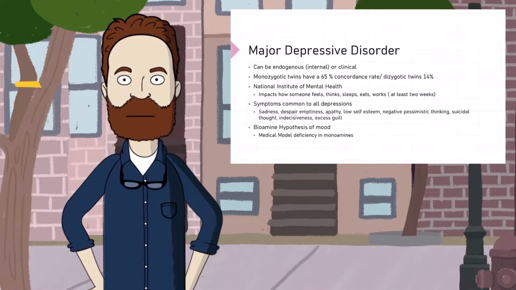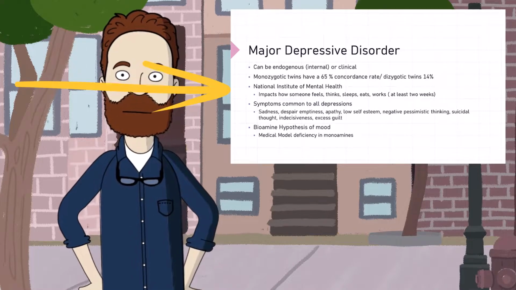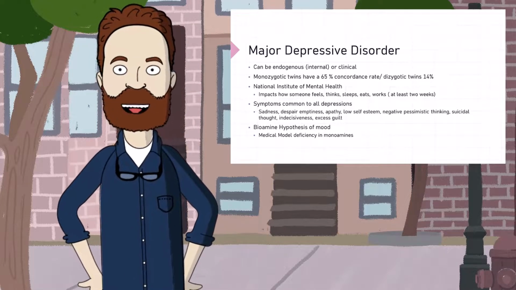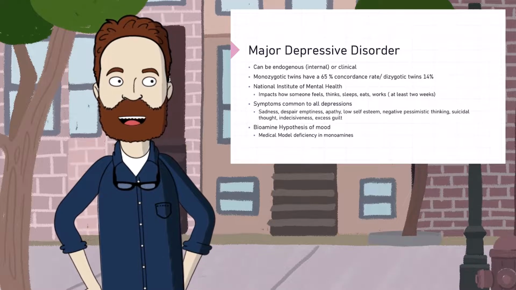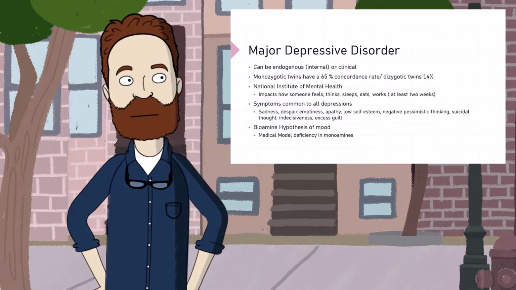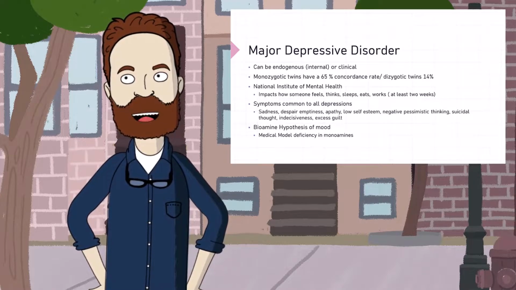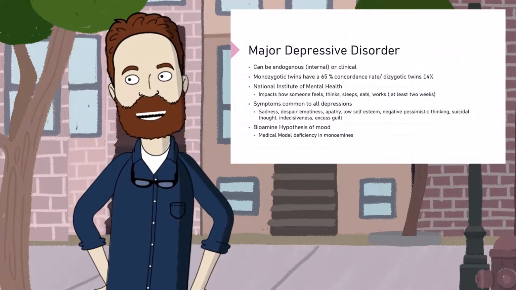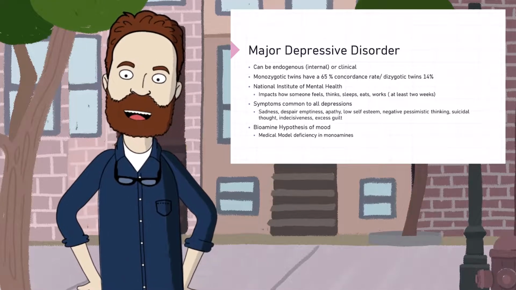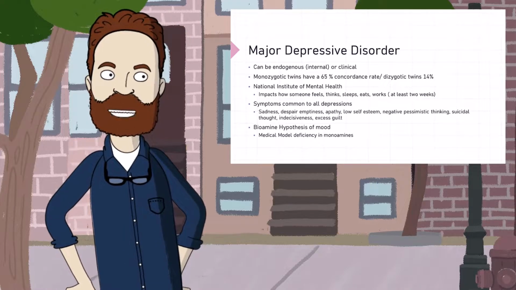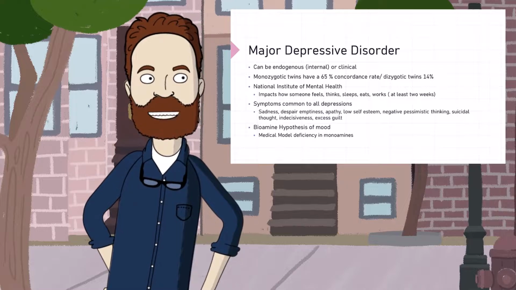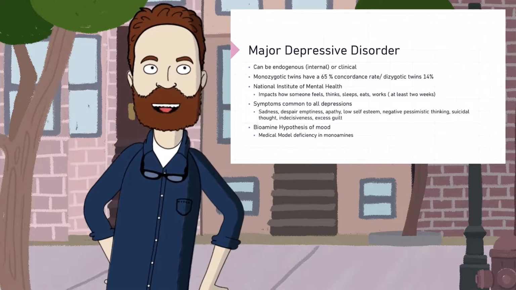Now, the National Institute of Mental Health defines major depression as how it impacts how someone feels, how they think, how they sleep, how they eat, and it impacts their work. And this has to go on for about 2 weeks. And, regardless of getting to the very specifics of the definition, looking through the DSM, the Diagnostic and Statistical Manual, which is another tool we use as psychologists, we'll talk about some commonalities.